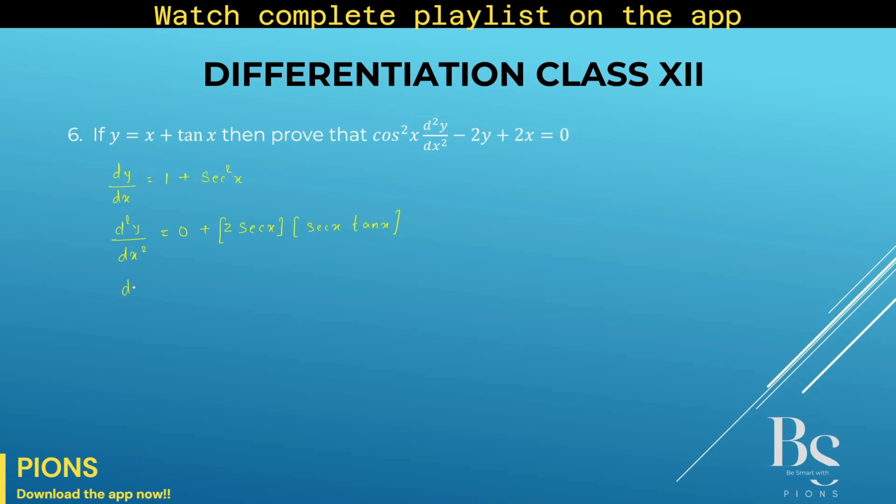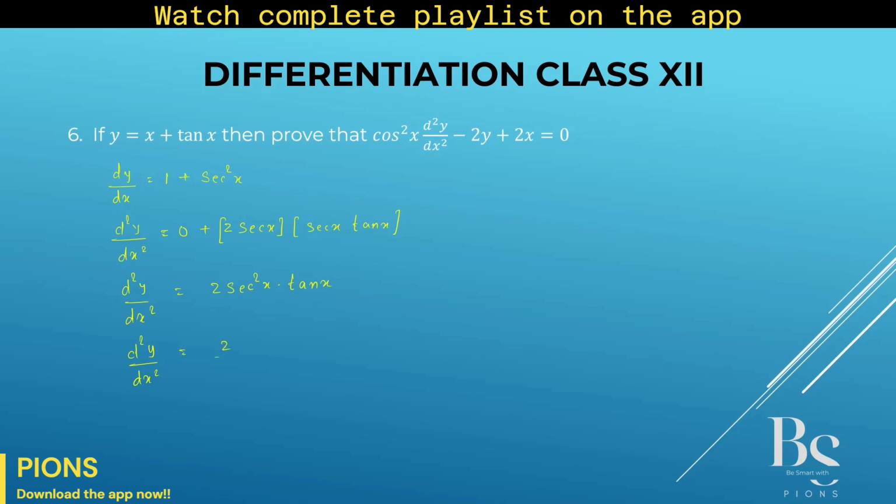Great. So the double derivative d square y by dx square is equal to 2 sec square x into tan x. Clear? Okay. Let's simplify it further and see if we can manage to get it into the required form. I'll simply convert that sec square x into cos.